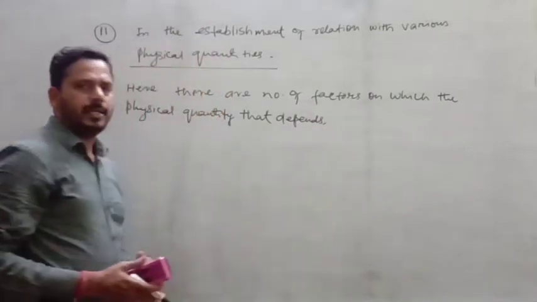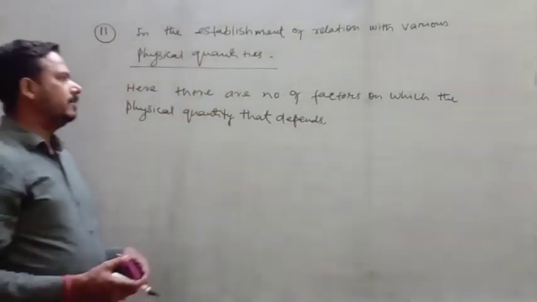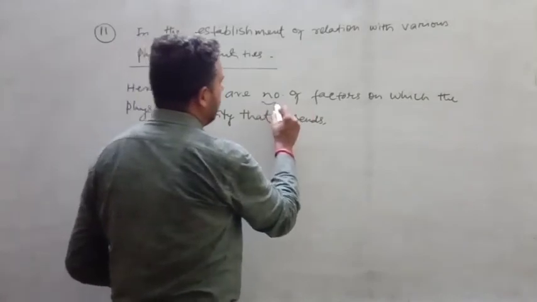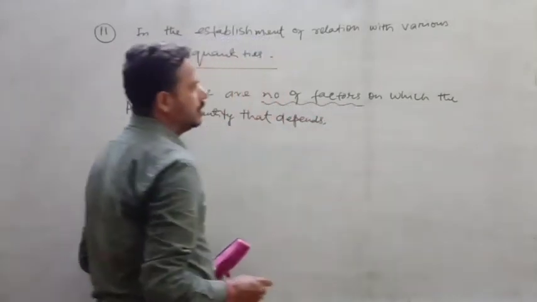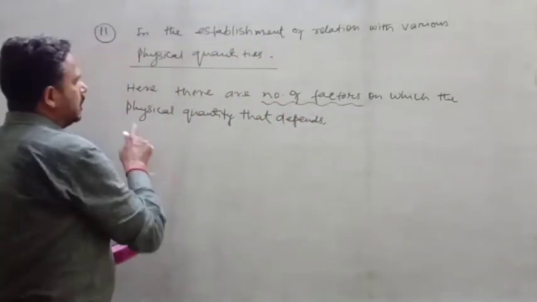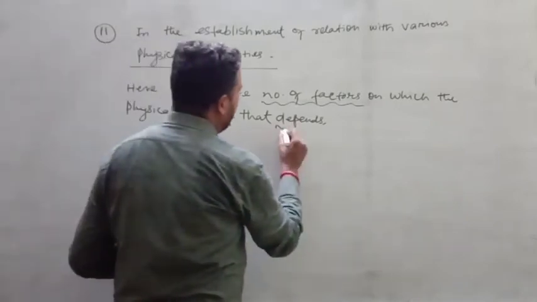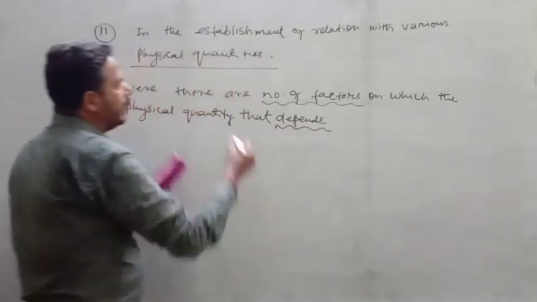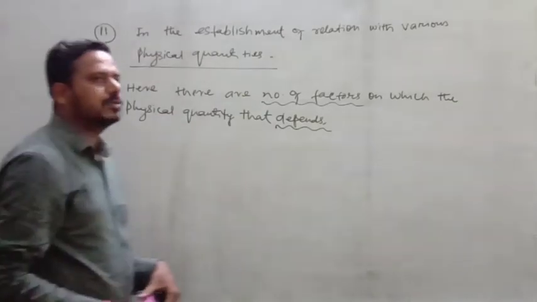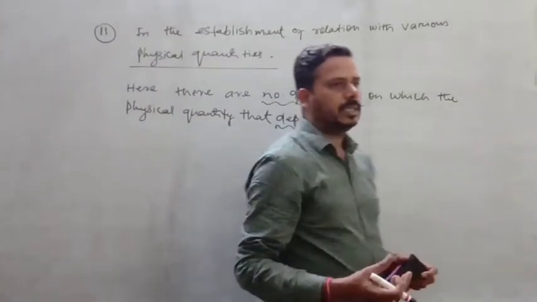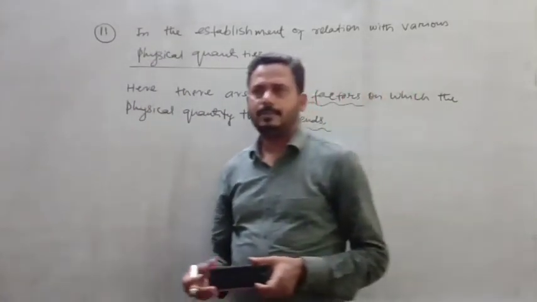So here we are seeing that there are a number of factors on which the given physical quantity depends. We can understand this by using an example.